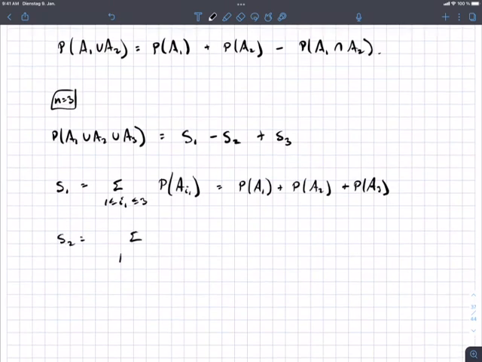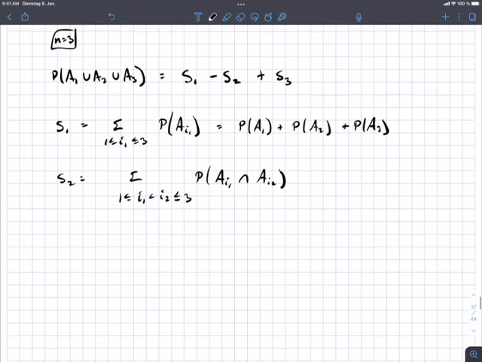As S2, I now have two indices in here, I1, I2. So we've got some possibilities now. I could have A1 intersect A2. I could have A1 intersect A3, and then A2 intersect A3.